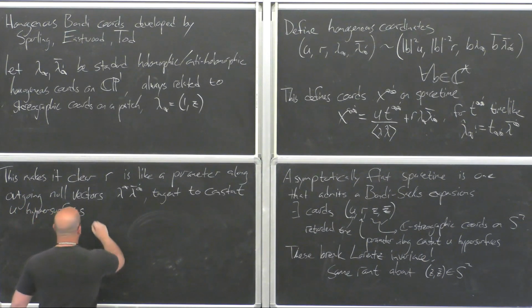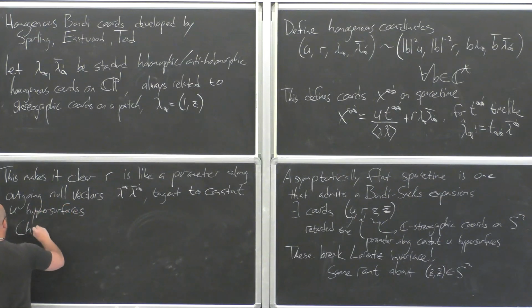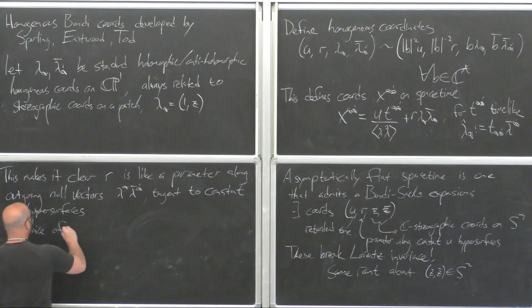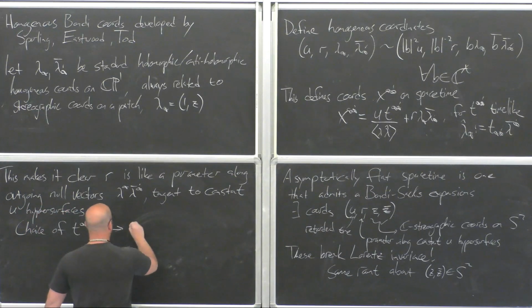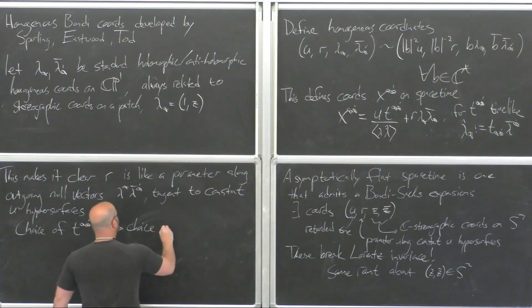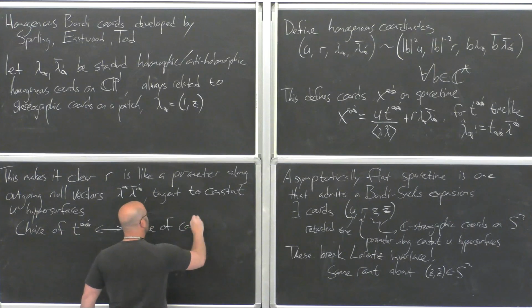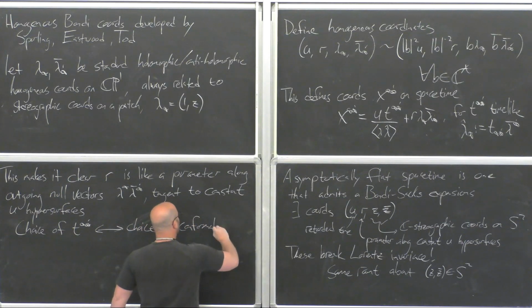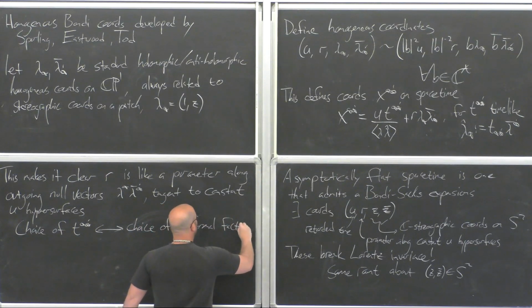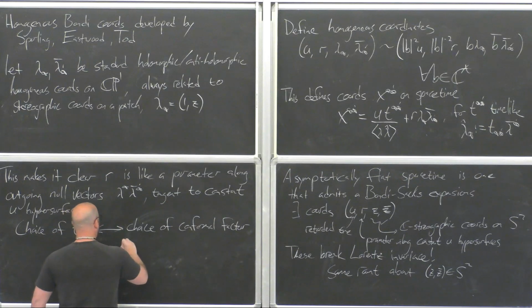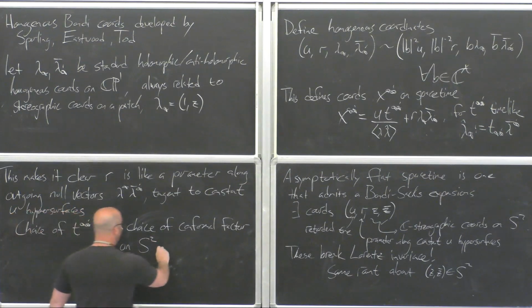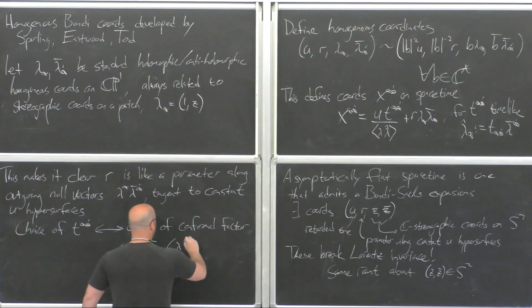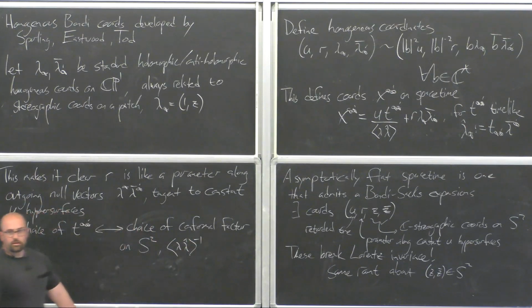And the choice of T is basically defining a choice of conformal factor on the 2-sphere. The conformal factor is given by this lambda hat thing.